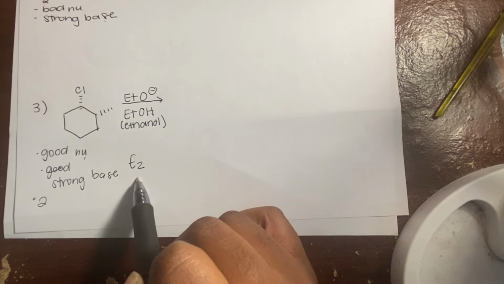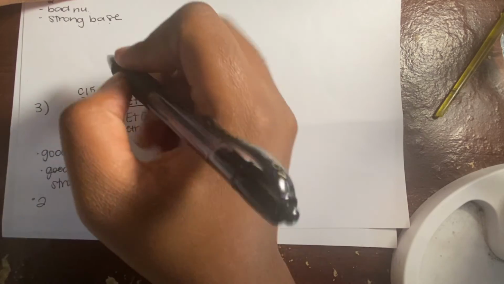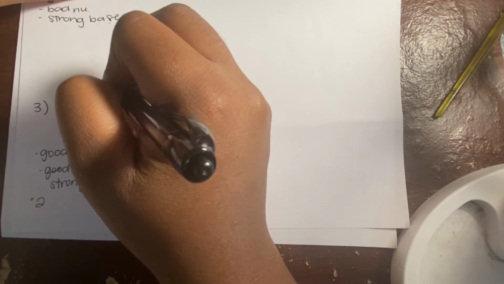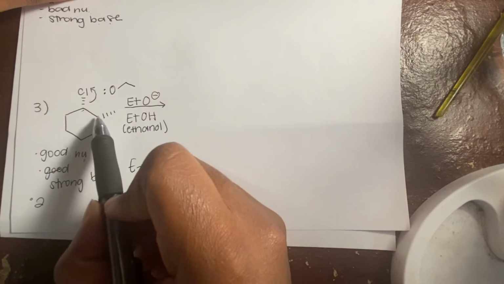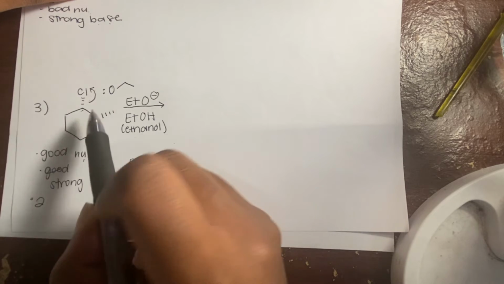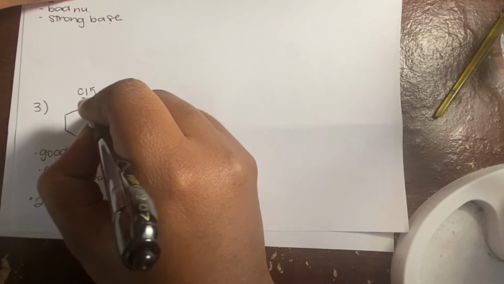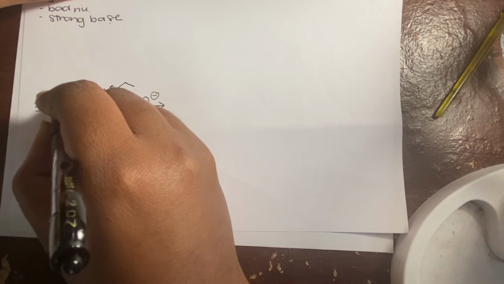So once again, we're going to do an E2 reaction where our chlorine is going to leave, and then our electrons are either going to steal, we're going to look 1 carbon away, so we can steal a hydrogen from here, which is on a wedge, or one of these hydrogens.